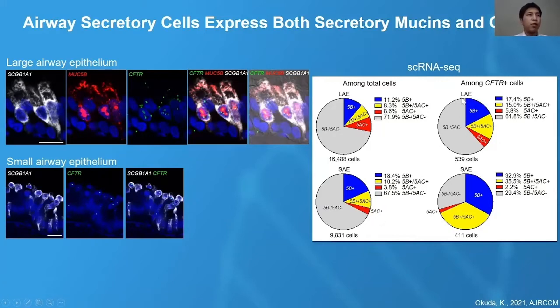Next, when we looked at these CFTR positive cells, about 40% of large, and then more strikingly, about 70% of small airway epithelial CFTR positive cells also express MUC5B and or 5AC. So this data suggests airway secretory cells express both secretory mucin and CFTR in one cell, and that is more significant in small airway regions.